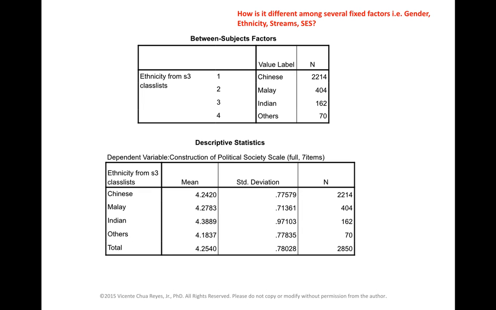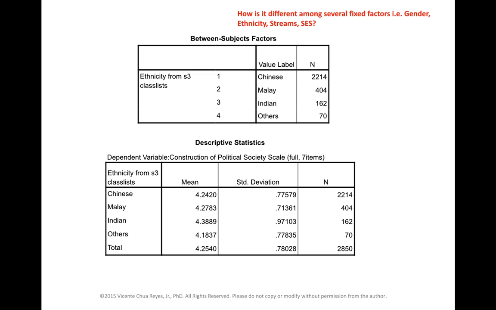Now, what if we use ethnicity? In Singapore, there are actually four main races: the Chinese, Malay, Indians, and others. Right. So now here we take a look at the same question, but this time we're not controlling for gender, but we're controlling for the ethnicity of the respondents.